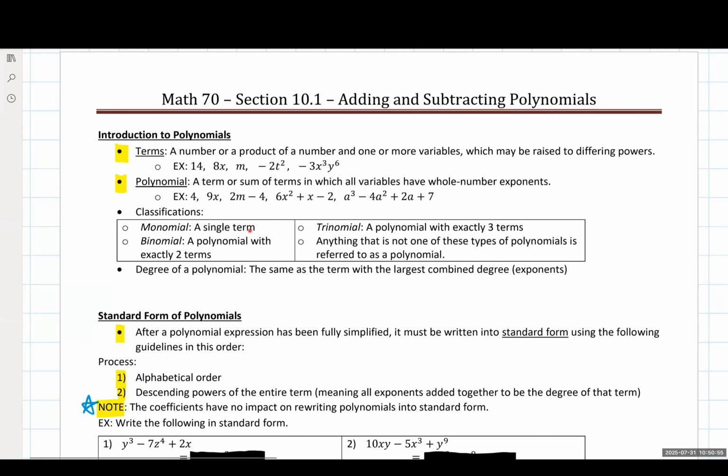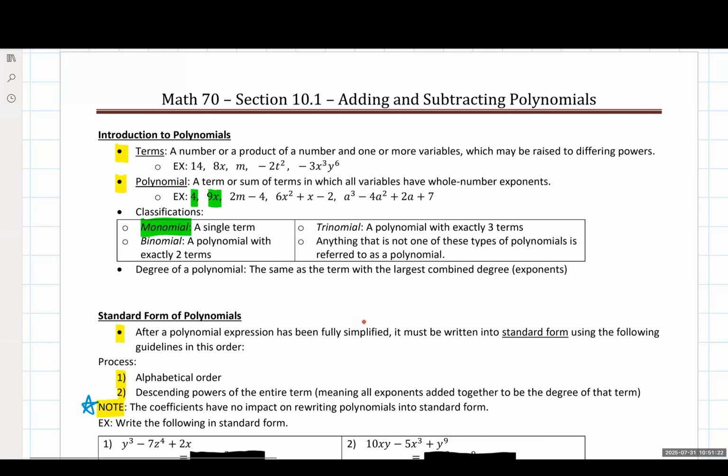A good example of monomials here would be, I'll try and highlight these a little bit, I'll use green here, something like 4 or 9x. I just have a single term that's just sitting there. No addition, subtraction taking place. It's just 4. It's just 9x. It's just negative 2t to the second power. That's about all we have there.